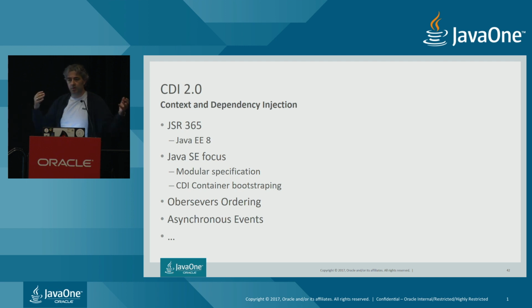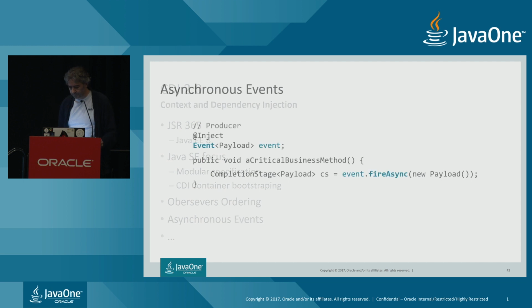So you have this producer-consumer pattern implementation that allows you to easily produce events in your application that will be consumed somewhere else in your application. The thing is that until CDI 2, that was purely synchronous. So basically, you were consuming the event in the same thread as the producing thread. This is not true anymore in CDI 2, so we now have the ability to raise and consume asynchronous events.